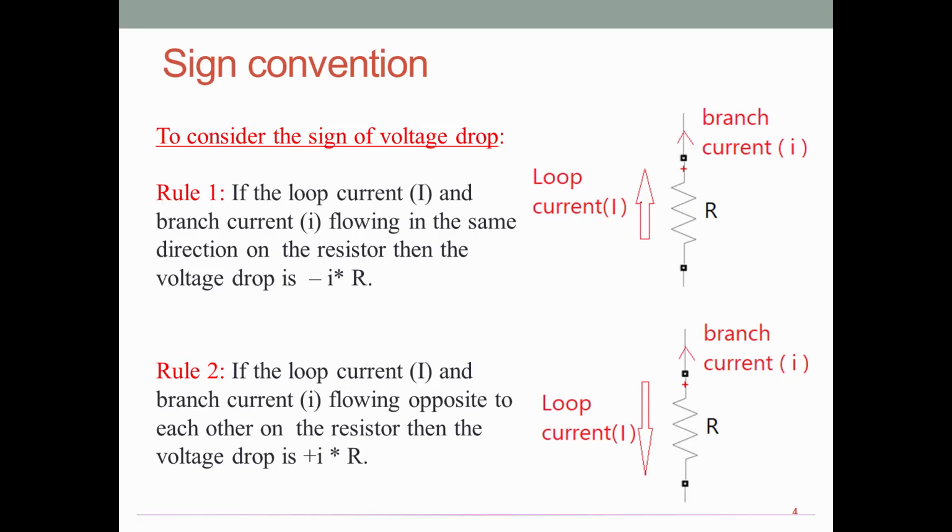If your loop current and branch current directions are same, then you have to assume the voltage drop as minus I into R. Remember, small letter i represents your branch current according to this diagram. And if branch current is opposite to loop current, then you have to assume the voltage drop as plus I into R. So these two rules we have to follow while choosing voltage drop on any circuit.